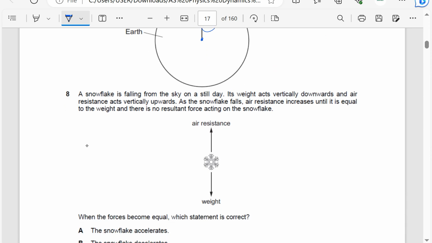A snowflake is falling from the sky on a still day. Its weight acts vertically downwards and air resistance C acts vertically upwards. As the snowflake falls, air resistance increases until it is equal to the weight. There is no resultant force acting on the snowflake.